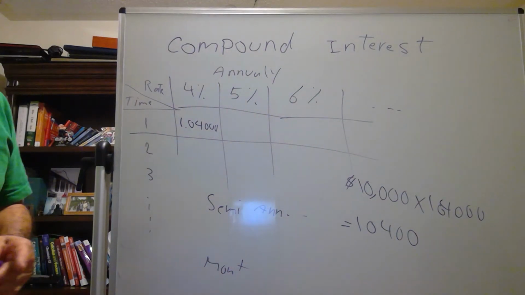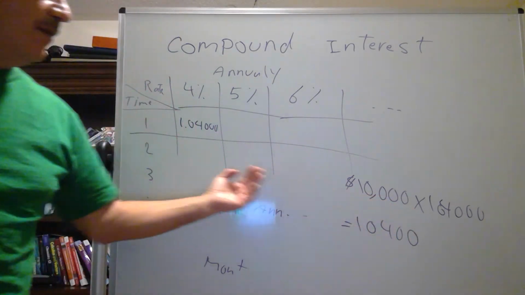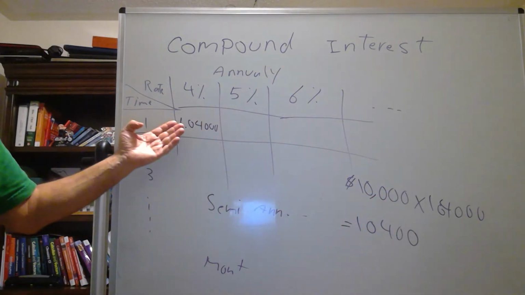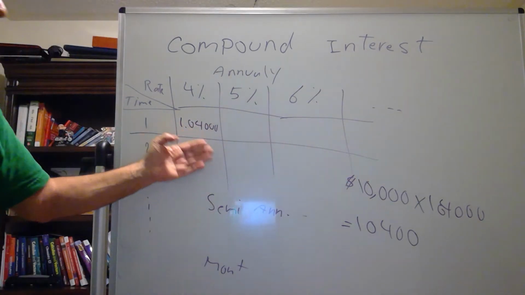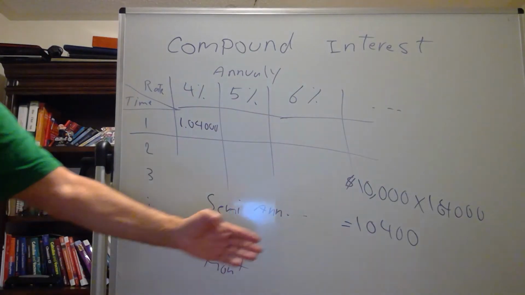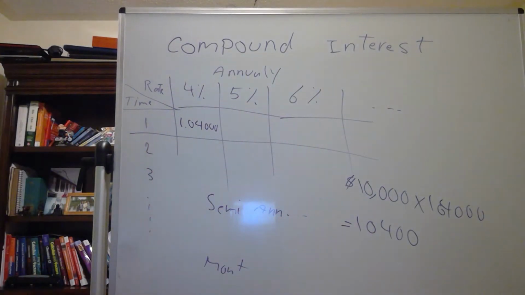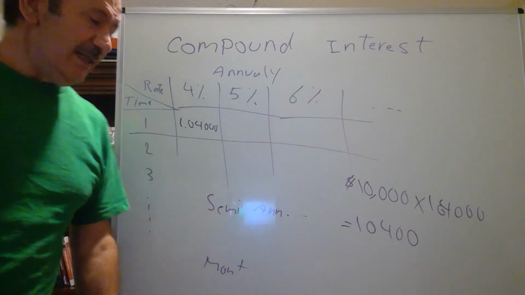This is the amount of money that I will receive at the end of the year, because it was for $1. If I multiply this by 10,000, which is the amount of my investment, this is going to be my maturity value or final value that I'm going to receive.